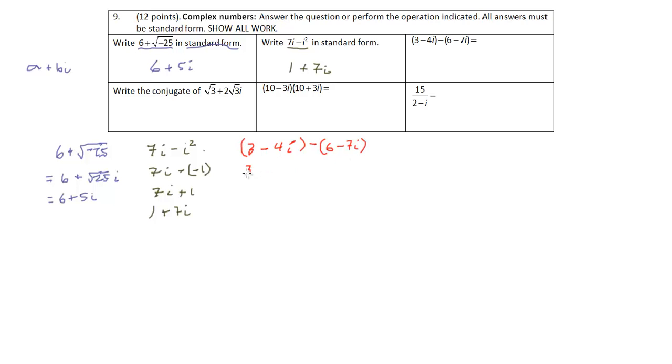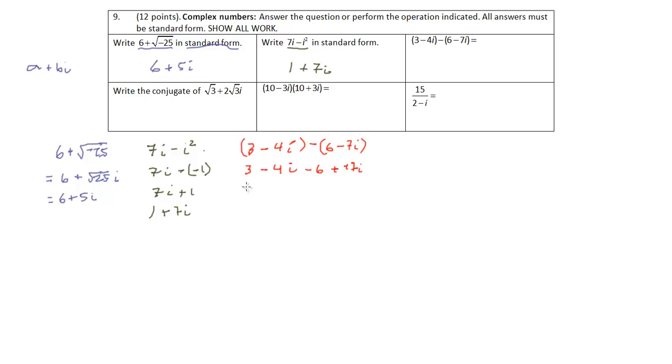So this is 3 minus 4i, subtract 6, and subtract minus 7i. Of course, that's adding 7i.